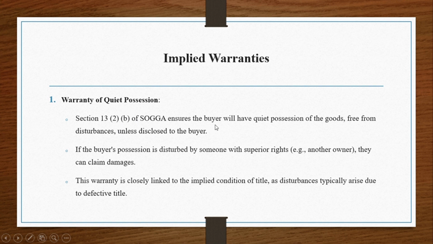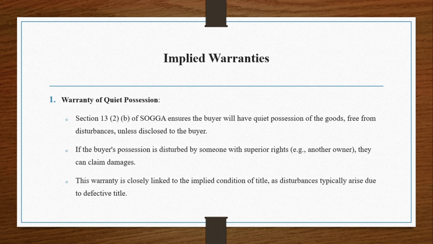The buyer is entitled to use or possess the goods without interference or disturbance, and if a third party with superior rights or the true owner disrupts the buyer's possession, the buyer can claim for damages. Like you buy land, you're entitled to use it and possess it without disturbance or interference.